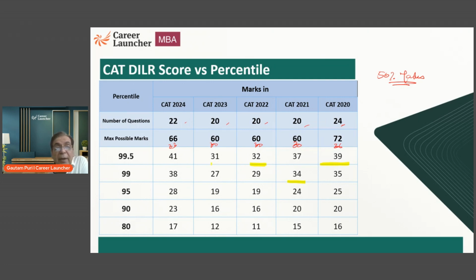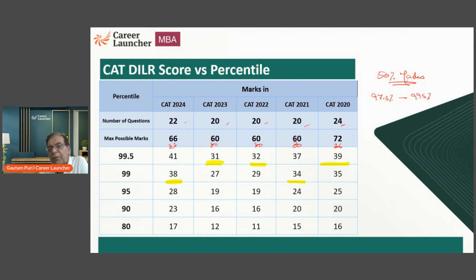And in fact, in CAT 23 with 30 marks, you would be close to 99.5 percentile, because 99.5 percentile was 31 marks. And last year in CAT 24 at 33 marks, you would be somewhere around 97.5 percentile. So what I need you to remember is that 50% marks will typically get you somewhere from 97.5 to 99.5 percentile.